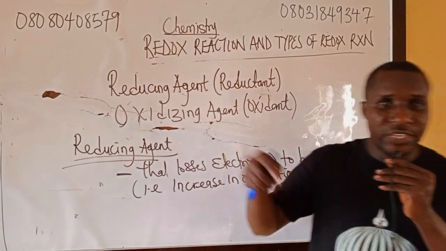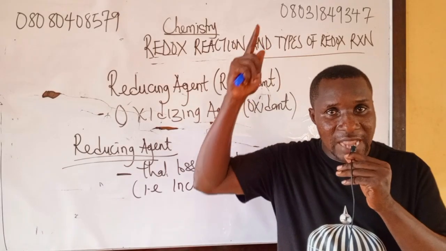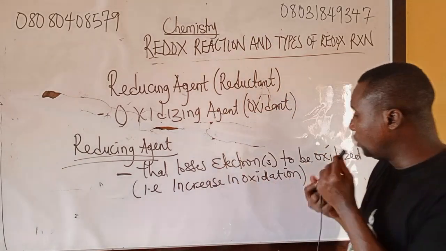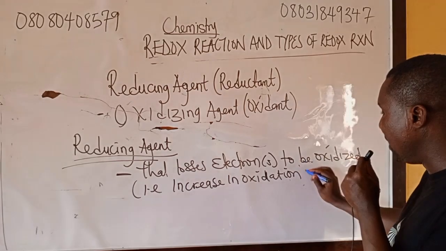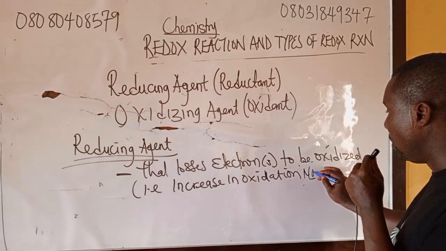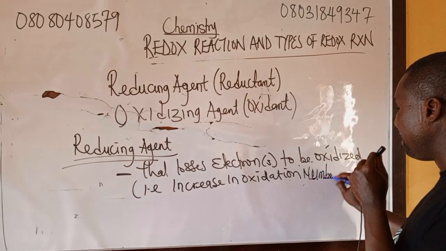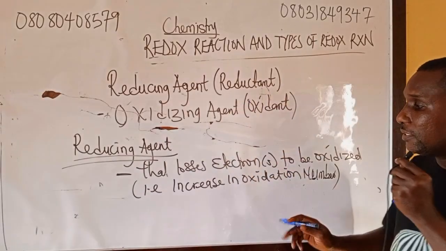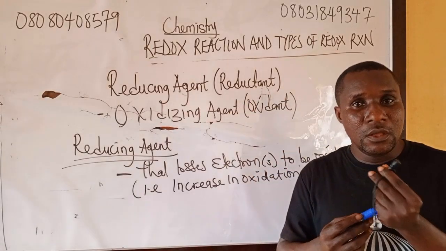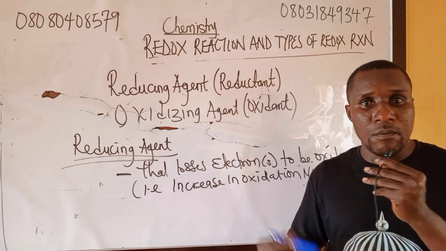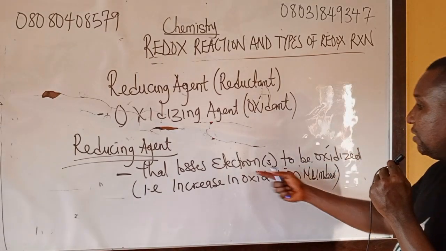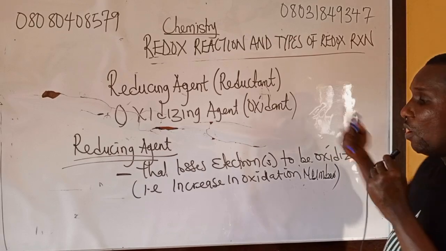Take note, reducing agent is oxidized. Oxidized means increase in oxidation number. Reducing agent or reductants is a species, atom, or molecule that loses electrons to be oxidized.